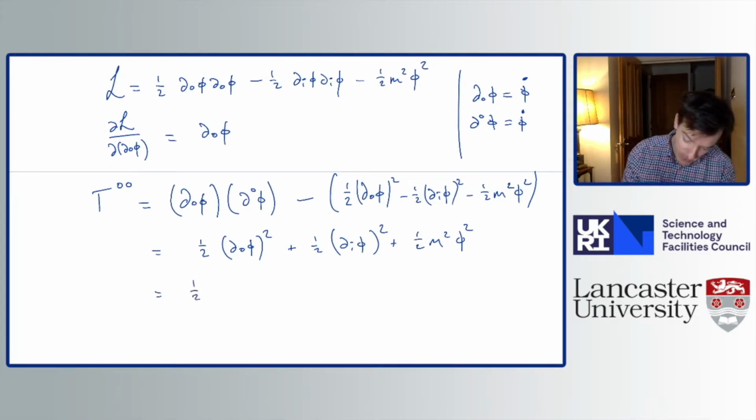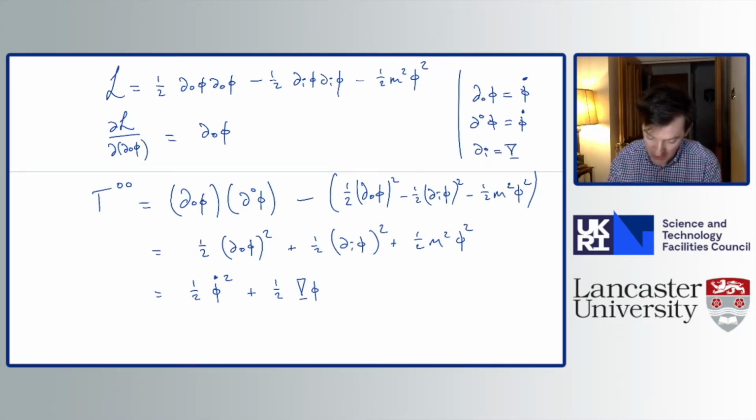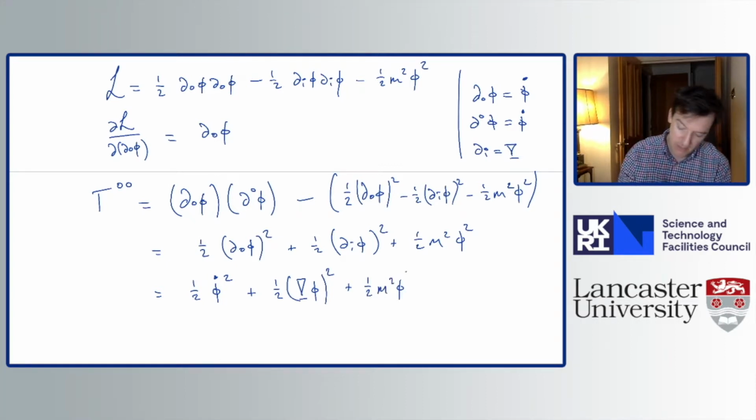Quite often in textbooks you'll see it written with the dots on top, so let me write it in that form. So it's a half phi dot squared, plus a half, let's write d_i as this nabla symbol, so it's a spatial derivative term, a half spatial derivative squared, and a half m squared times phi squared.